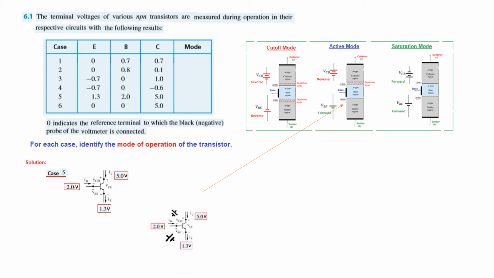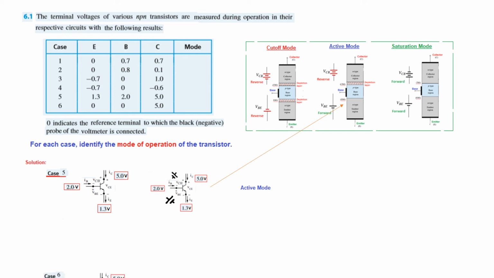So we can again connect our batteries. This is lowest, so it will be 0. This is higher than that, so it will be positive. Between these two, this is higher, so it will be positive, and negative on this side. So now again, if you compare, this is matching the active mode circuit. So this is an active mode.